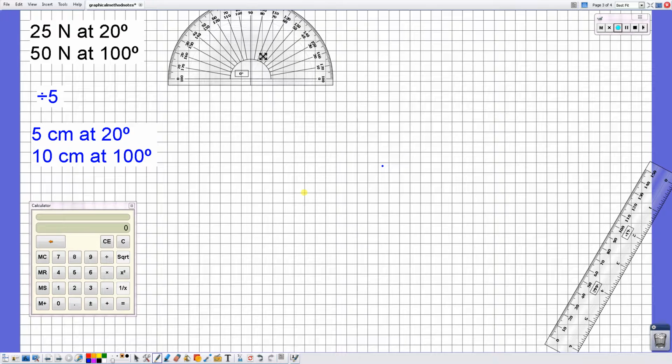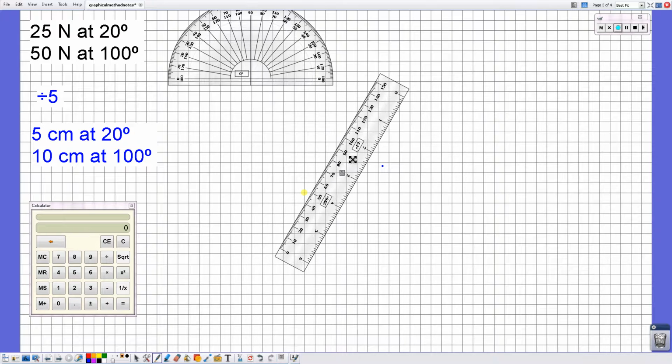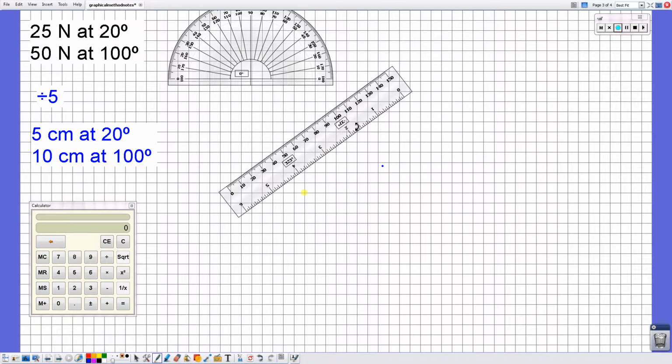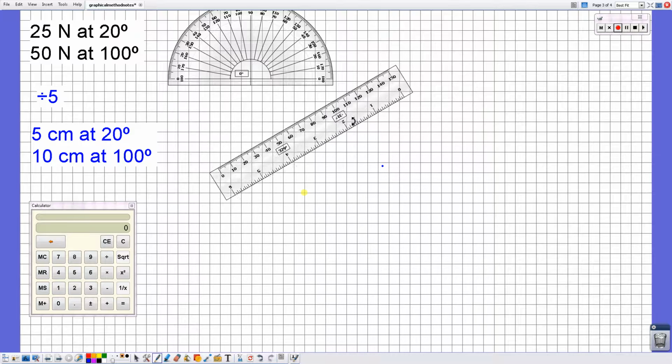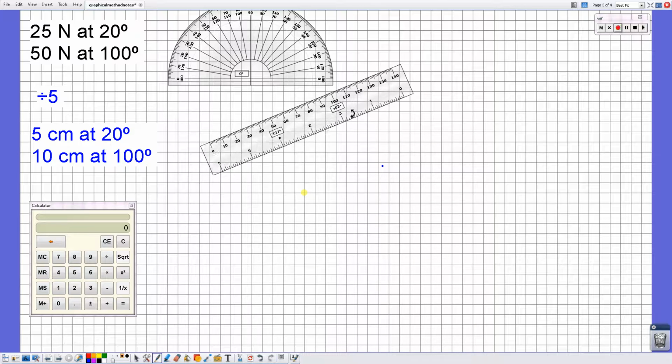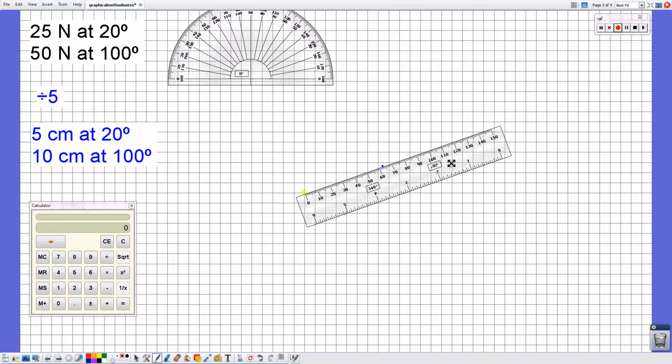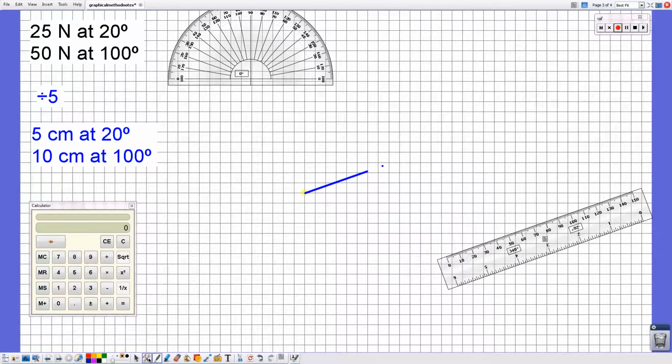Alright. Line that up. Okay, and I want this to be 5 long. Alright, so I'm going to do that there to there. Beautiful. Remember that now I'm there, though.